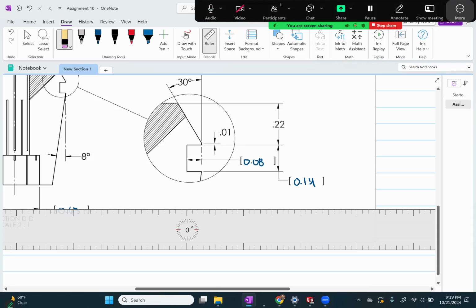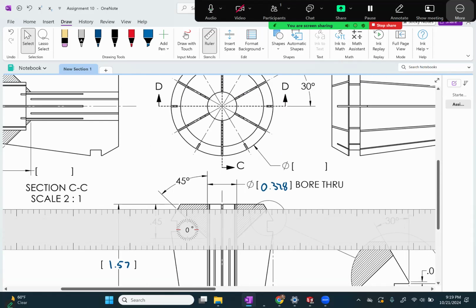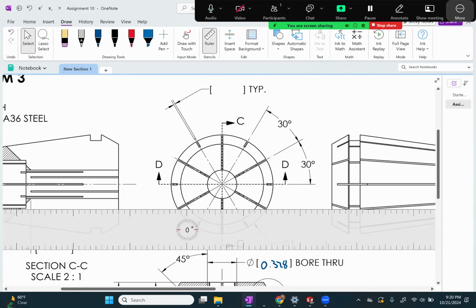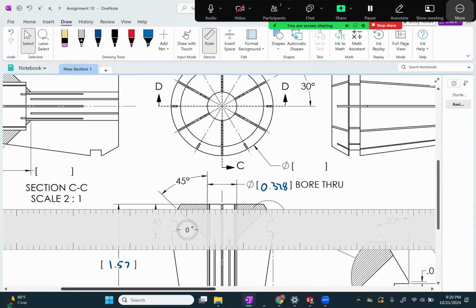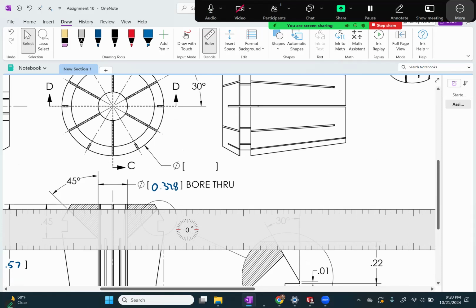Okay, we have those two dimensions. Have these filled out. We're missing, see, we have one up here too. Let's fill out this top view. So I can no longer use the same ratio, so I have to set up a new ratio.